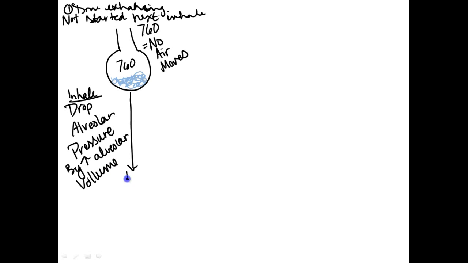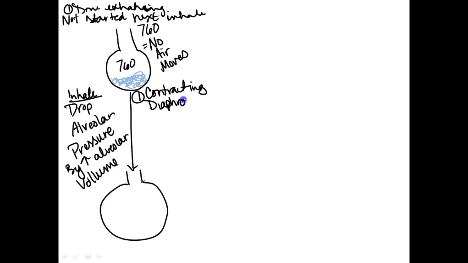So what ends up happening is we increase the alveolar volume. This is done by, one, contracting the diaphragm, as well as contracting the external intercostals.